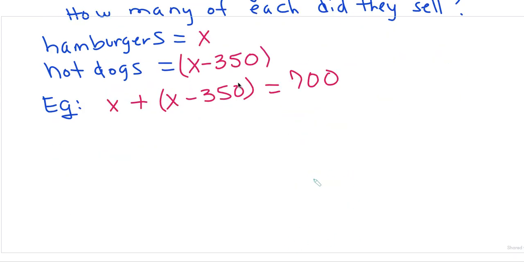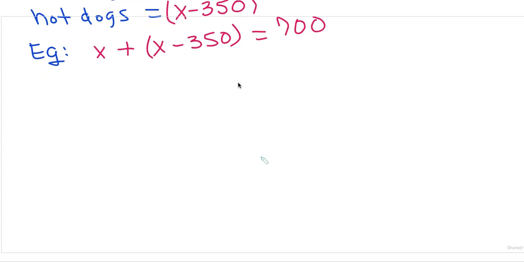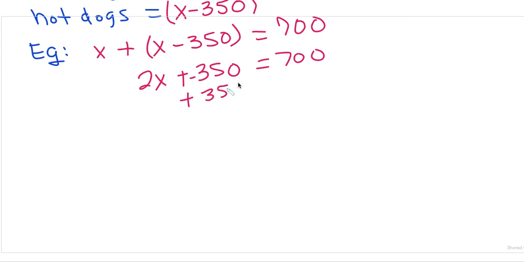Now we're going to go ahead and solve. We're going to have 2x minus 350 is equal to 700. Zero pair out. Of course, it's keep, change, change. Zero pair out the 350.